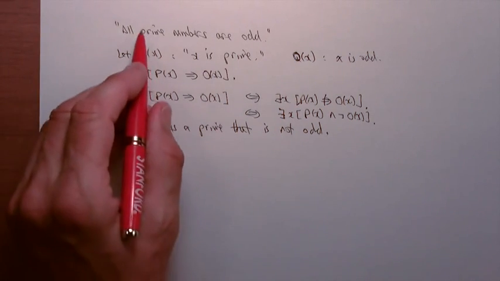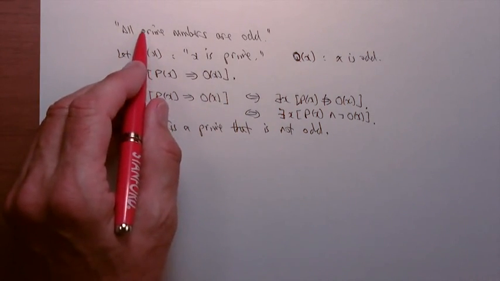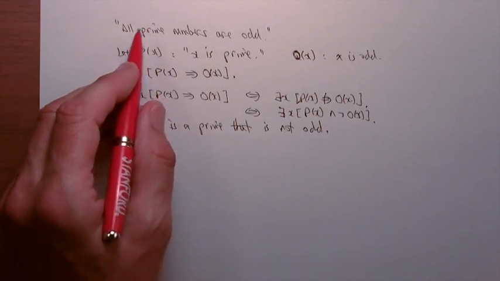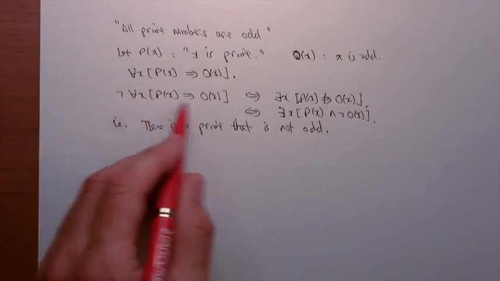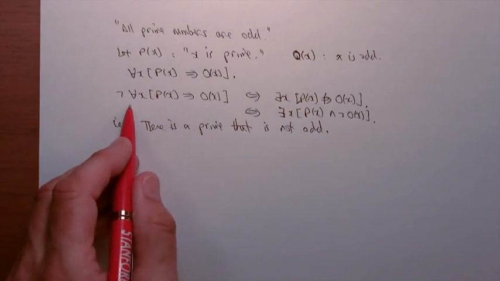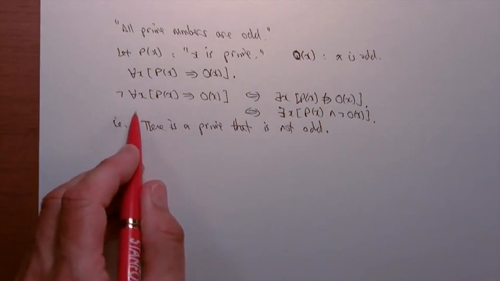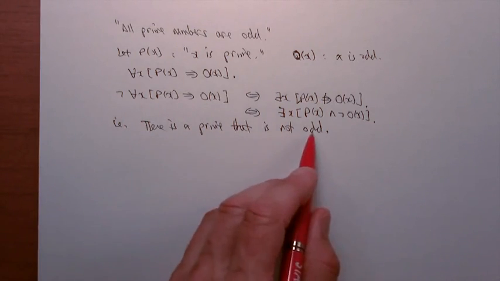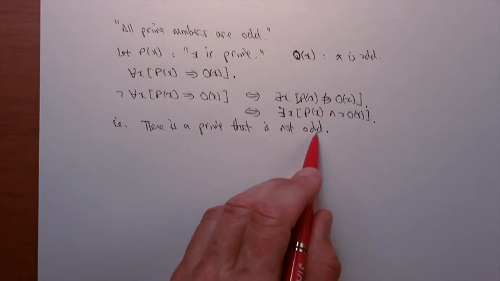So in order to prove that this is false, which is the same as proving that the negation is true, the logic says find a prime that is not odd. And we can. 2 is a prime that's not odd.